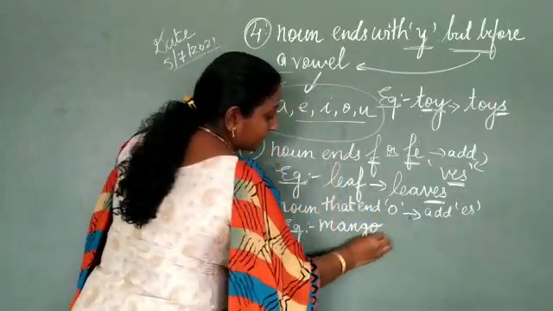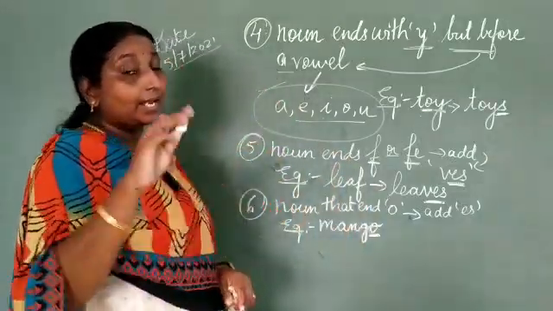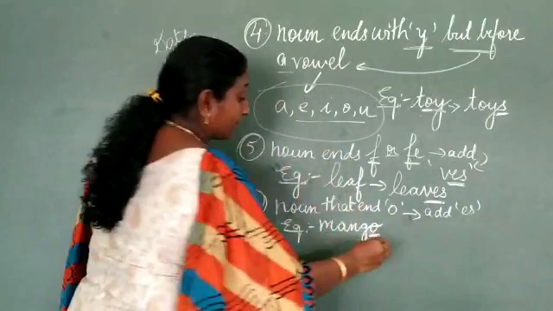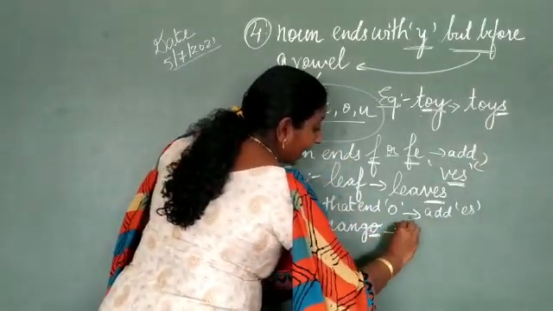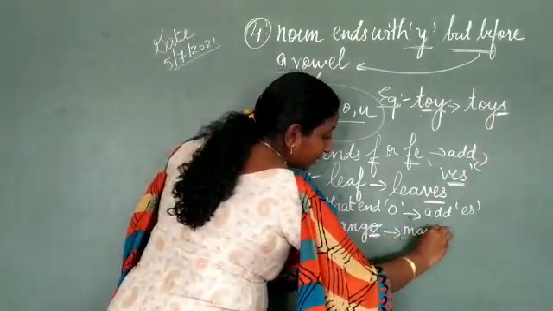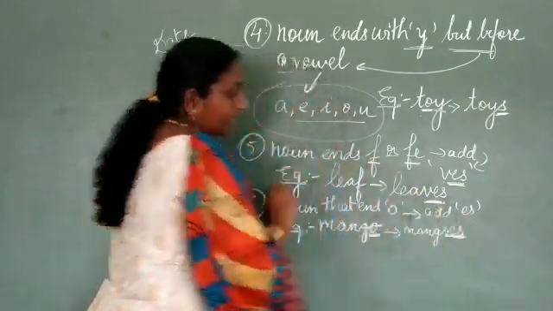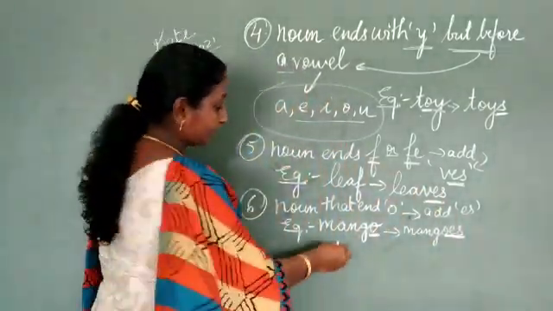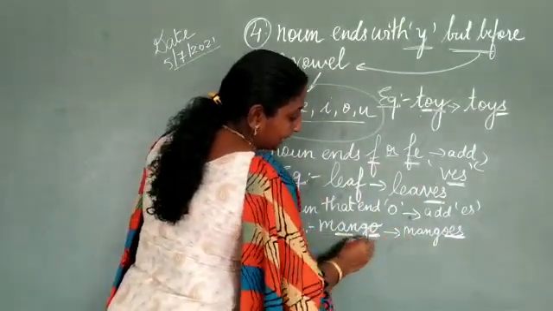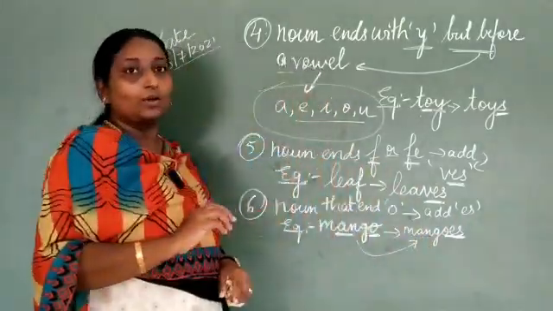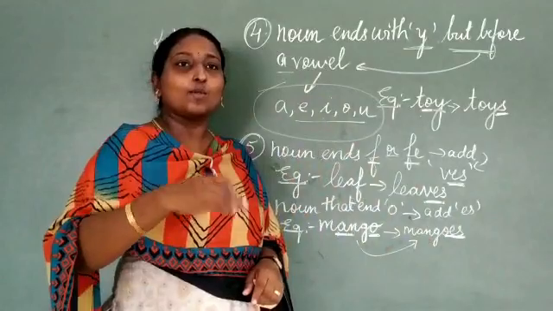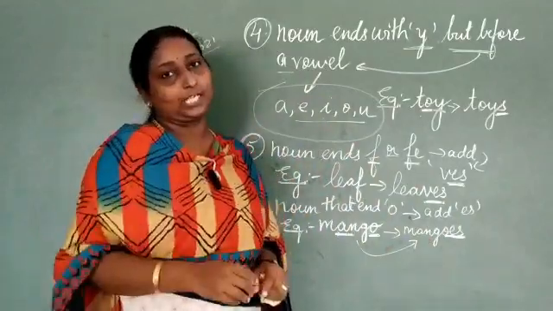O is the last letter of the noun over here, and I have to make it a plural form. Then I have to make M-A-N-G-O-E-S. See? E-S. This is a singular noun and this is a plural noun. Understood, children? Now I will move on to the seventh point.